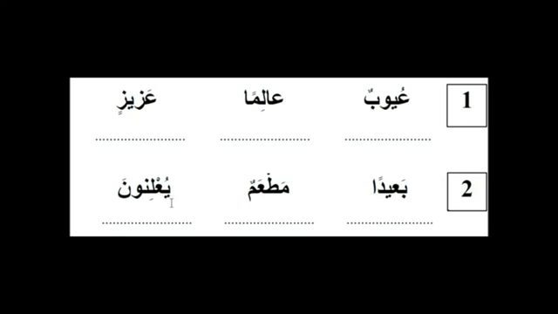Yu. I'm doing the sound because of the, what's this letter called? The ayn. I'm doing it because of the ayn. It has a sukoon on it. There's no short vowel.